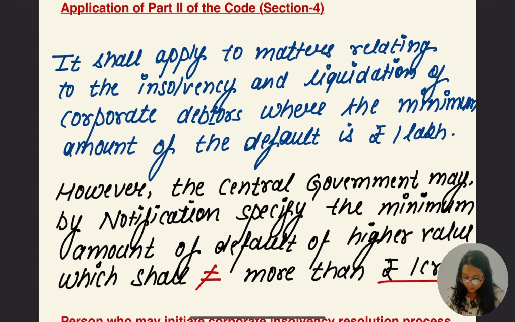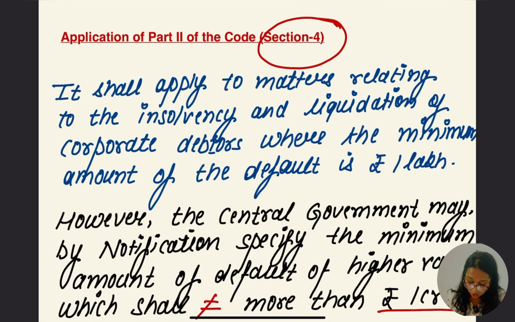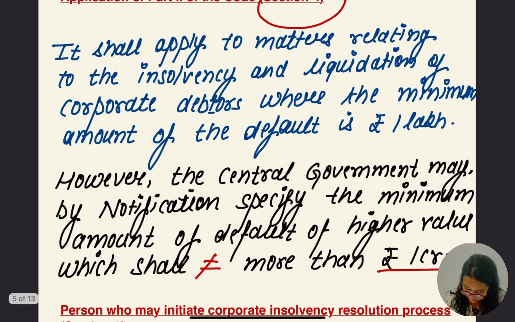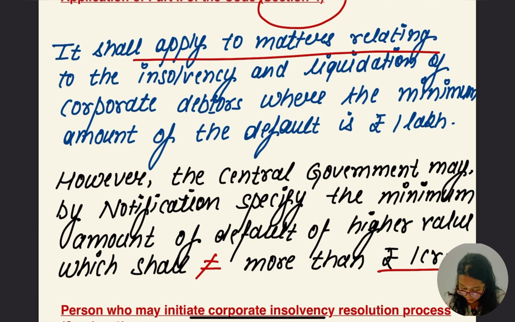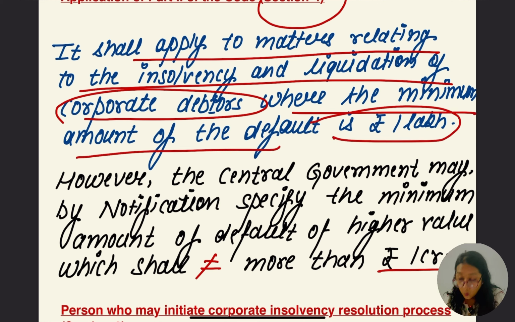We have to first find out when this actually happens, meaning is there any limit of default? If so, what is the actual limit? Section 4 talks about the application of Part 2 of this Code, which says it shall apply to matters relating to insolvency and liquidation of the corporate debtor where the minimum amount of default is 1 lakh.